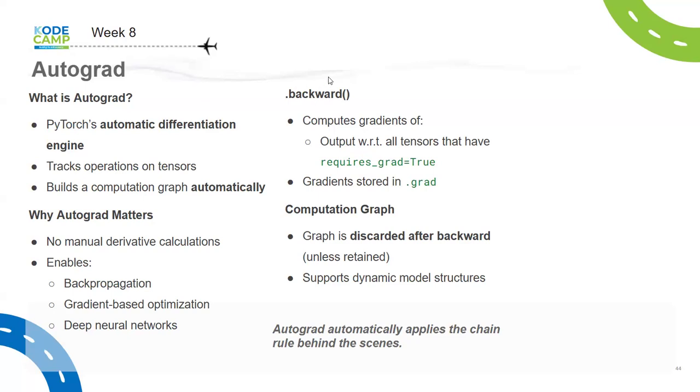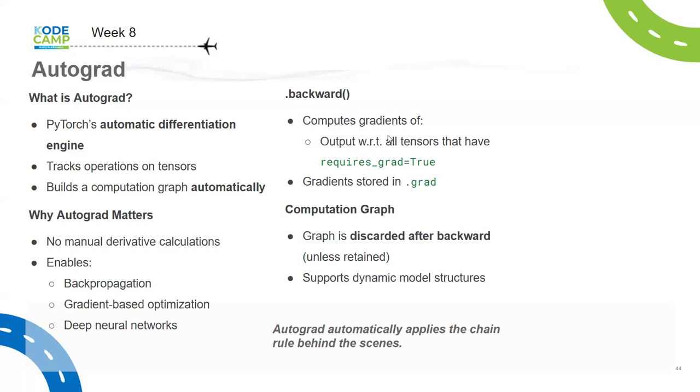Then .backward is a method on the loss, the criterion class. So for every loss function, you can call .backward. What it does is compute the gradient of the loss at the output, not in between, at the output, with respect to all tensors that have registered they want their gradient to be calculated.